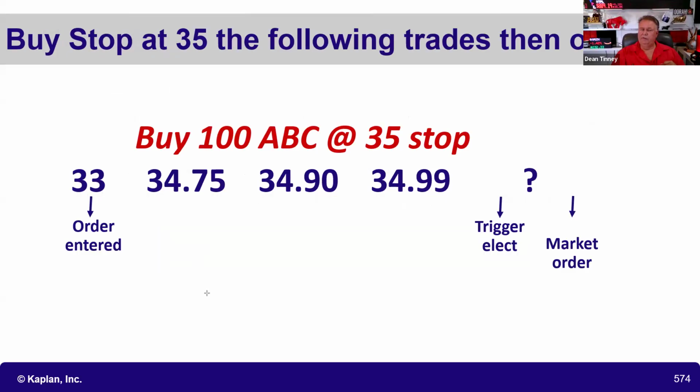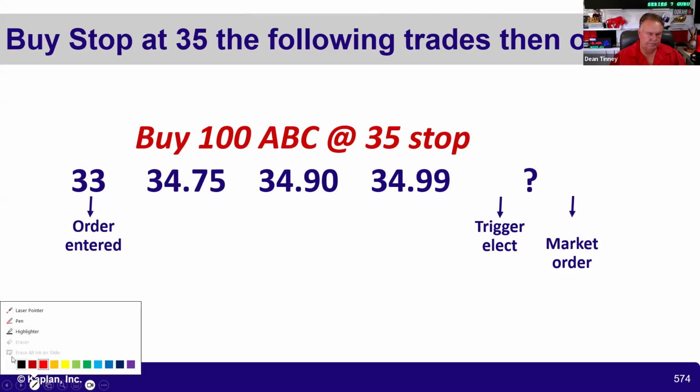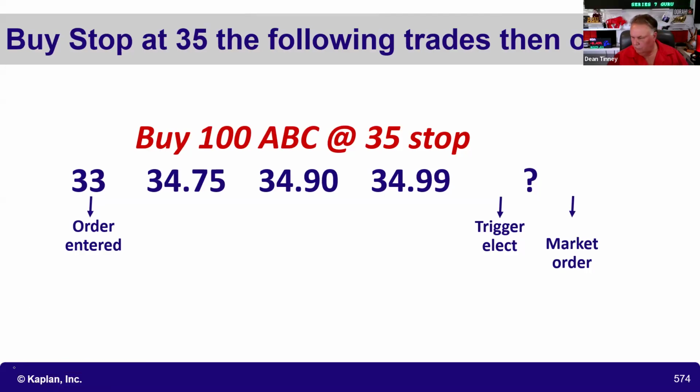Did it happen at 34.75? No. It doesn't become a live order unless it trades at or through the trigger price. Now, it may never ever become a live order. So nothing happens here. 34.75.